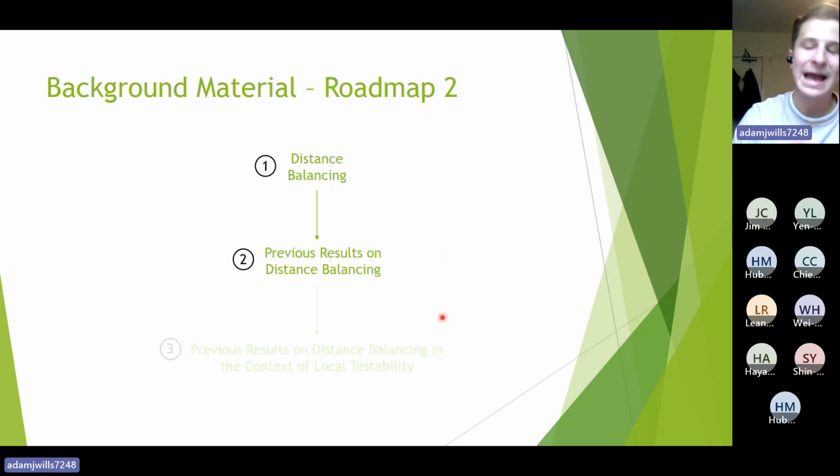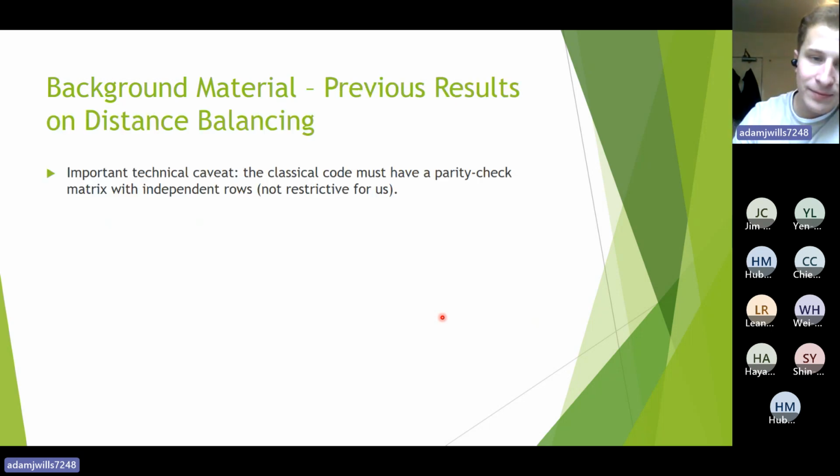And so what actually happens to the parameters when you do this, what I've promised so far was some sort of balancing of the 2 distances. Before I give those results, I have to mention this important technical caveat, which is that you can only use classical codes that have a parity check matrix with independent rows. This is not a restriction for us, but it is an important technical caveat to mention.